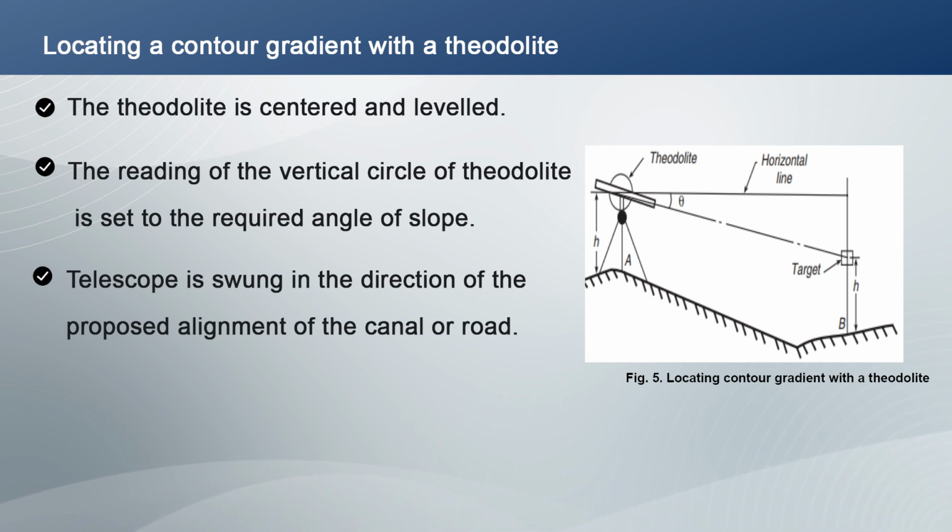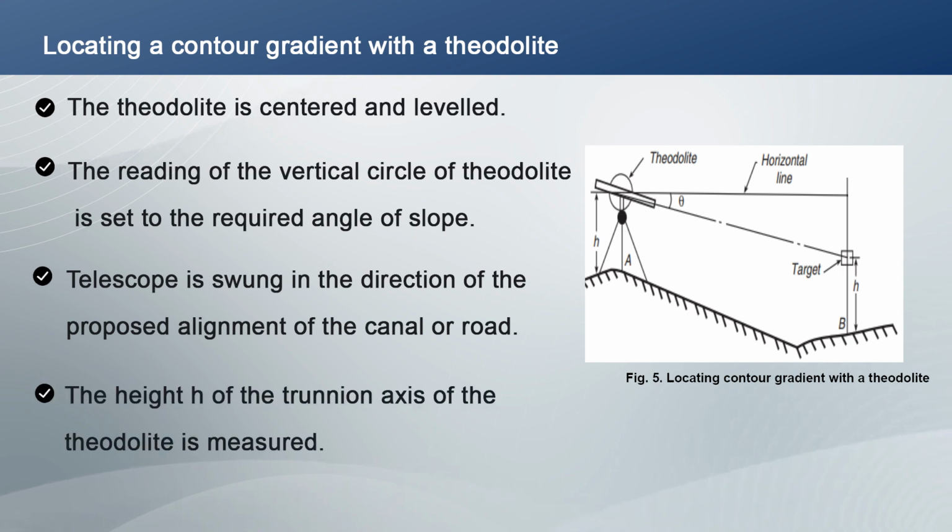Now, the telescope points in the required direction of slope. The telescope is then swung in the direction of the proposed alignment of the canal or road. The height h of the trunnion axis of the theodolite is measured accurately and a target fixed to a rod at the same height is sighted.